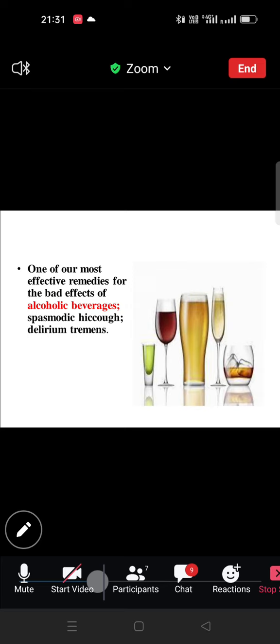Carbo vegetabilis is also there, and Acer europaeum is also there. But one more is there which is very rare. This medicine is not known by others. It is known as Quercus glandium spiritus. And I have prescribed this medicine myself. One patient was having craving for alcohol and asked me for medicine. Then I prescribed Quercus glandium in mother tincture form.